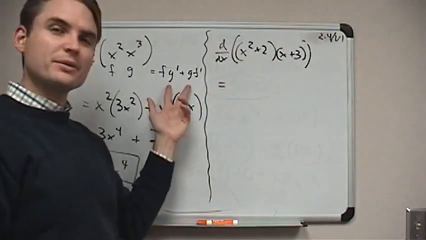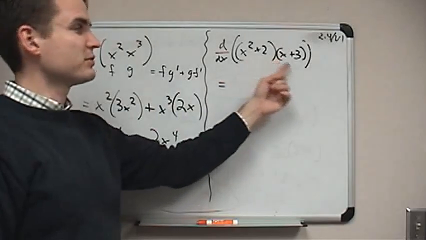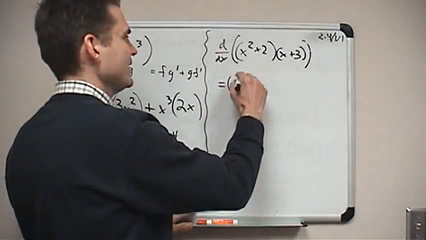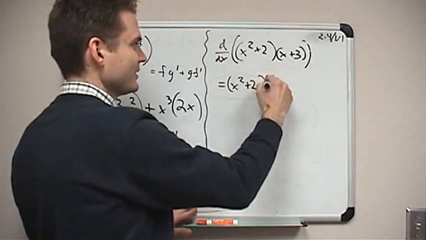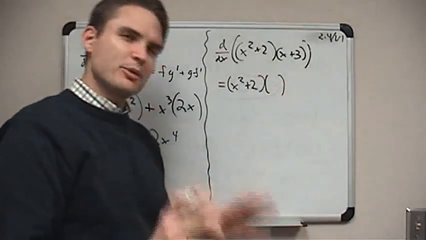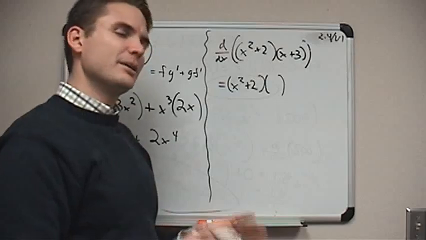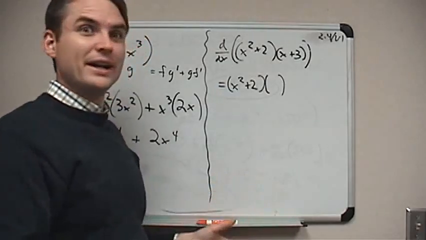If I have the product rule in front of me, how do I apply it? Well, I clearly have a product of two functions here. The product rule says take the first function, x squared plus 2, times the derivative of the second function. Now this is the point where we're going to start cutting down the amount of work we show for derivatives. It helps a lot if you can do a little bit of this in your head and avoid writing too much.